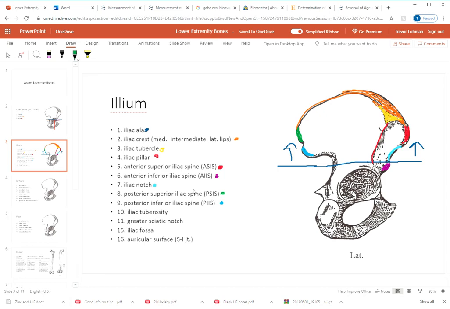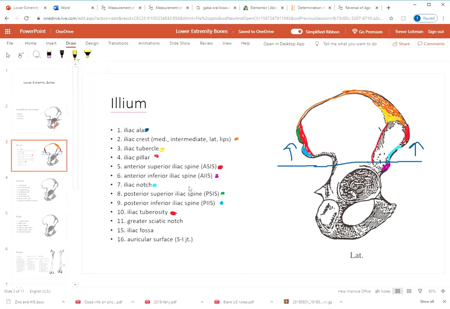All right, and you can't see it super well here. The artist hasn't really drawn it in that well, but on a real bone, you can see that there's a pretty roughened patch just anterior to those two spines. And that's called the iliac tuberosity.